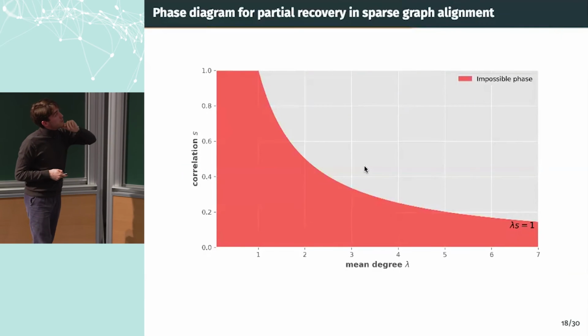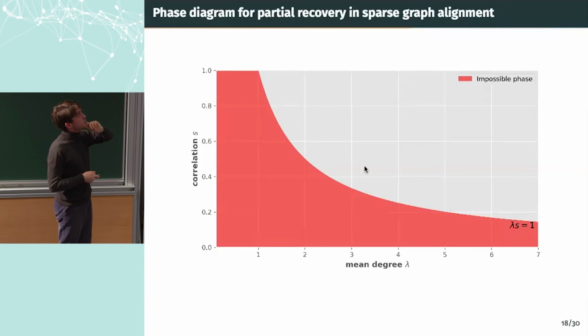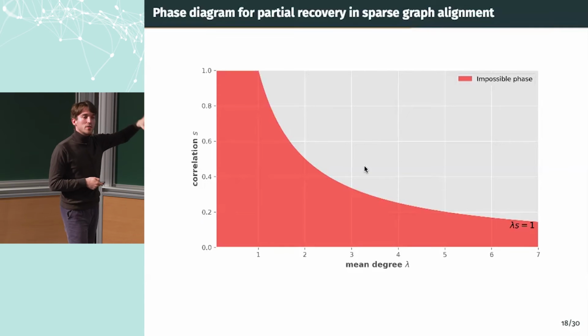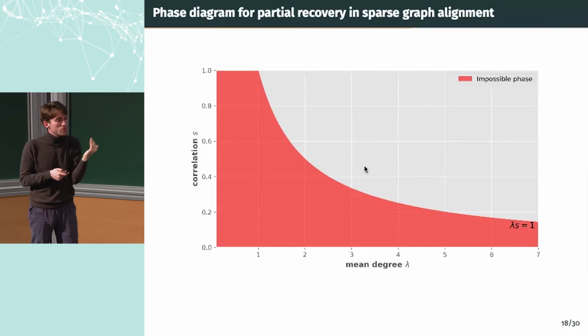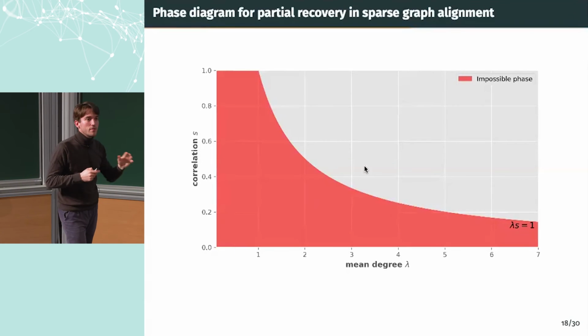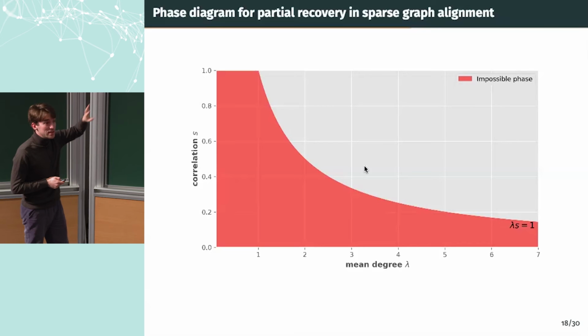A way that people like to sum up their results in this kind of problem is the so-called phase diagram. You represent your space of parameters and partition it into different phases where the problem, depending on the parameter, may be impossible, easy, or hard. We will see this later, but for now we have at least one phase.